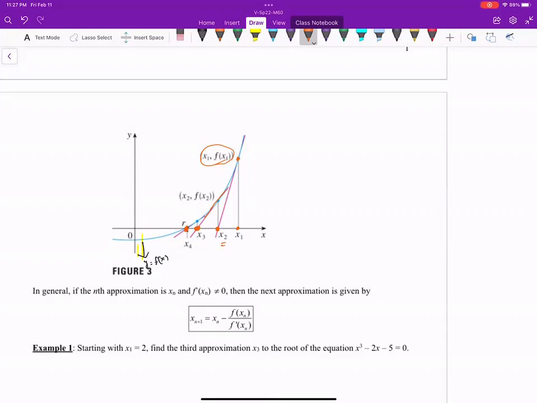The expectation is that x3 is even closer to the actual root r than x2 and x1. So as we make this approximation more and more, all these approximations will come closer to the actual root of the equation. This is one way of finding the closest approximation to the actual root by Newton's method.